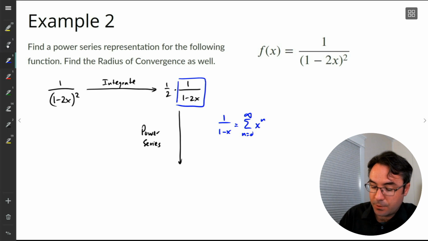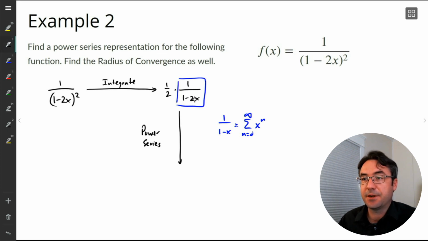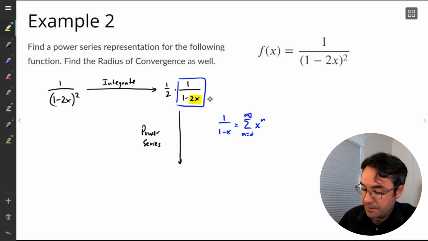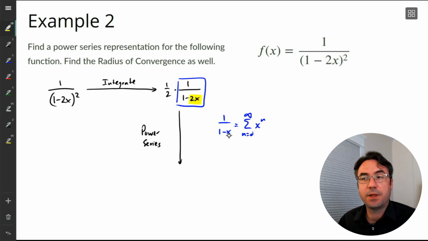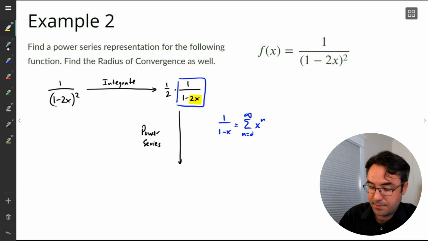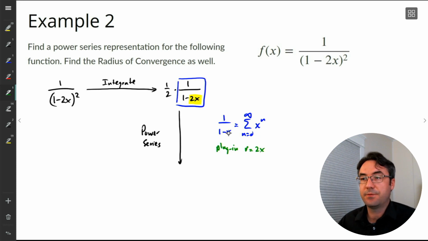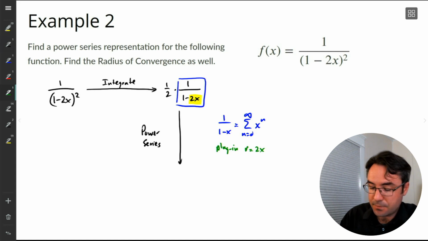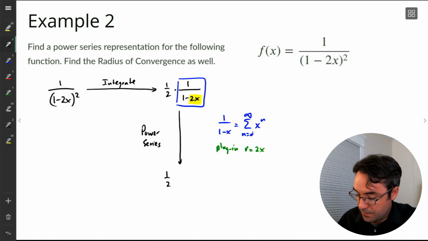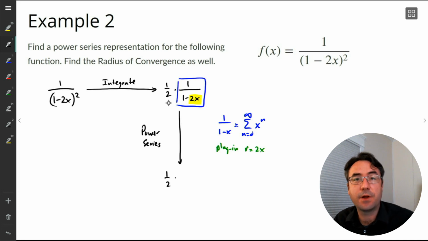And for our specific case here, the value that we're going to plug in is r equal to 2x. So wherever we see an x here, we're going to change that to a 2x. So when we do that, let's keep the 1/2 in front. That's just a constant multiple.